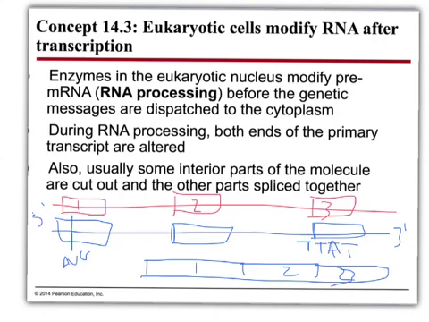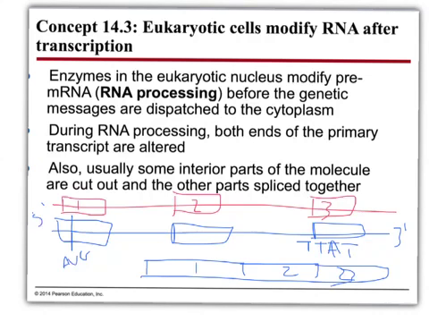You want those exons to come together because when translation occurs, we don't want to translate intronic DNA. That's going to throw off our reading frame, and we'll end up with the wrong protein. So this is splicing.